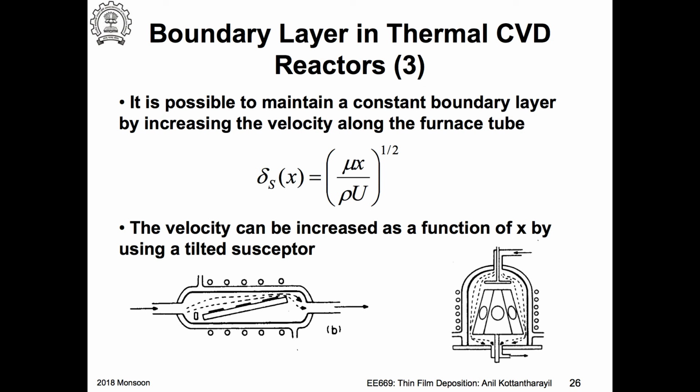So if I want to fix this, and I just look at this equation, I can see that if I increase the velocity of the gas, then I should be able to balance out this factor, x. So x is increasing, the boundary layer is increasing, so I increase the velocity, and one easy way is to actually make the cross section through which the gas flows smaller.